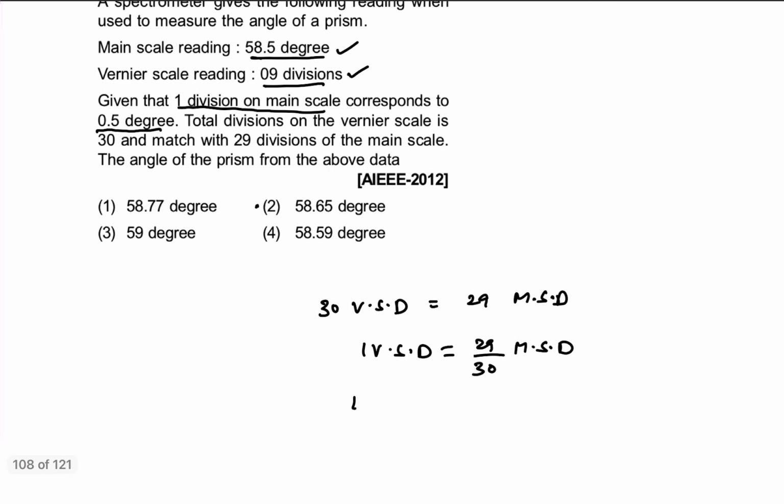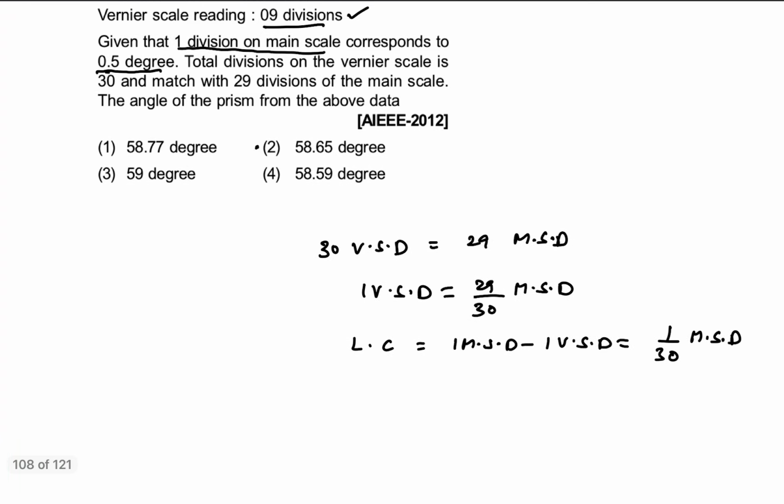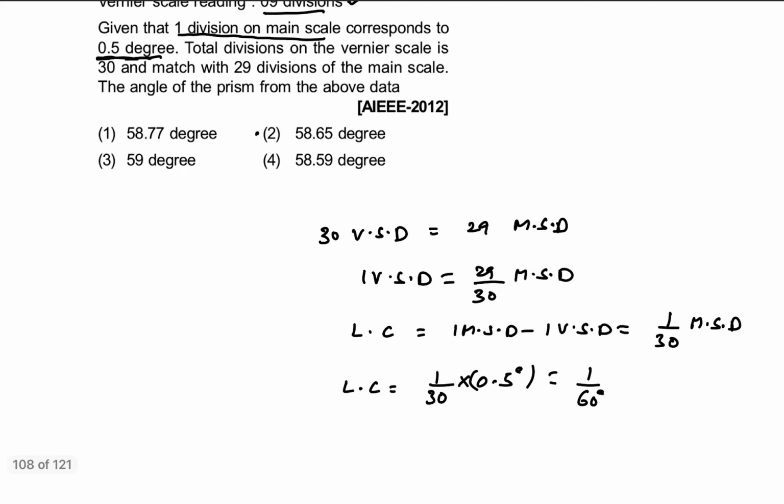It is like the earlier case only. Least count is 1 MSD minus 1 VSD. You will get 1 by 30 main scale division. But you observe that one main scale division is 0.5 degrees. I am writing least count is 1 by 30 into 0.5 degree, that is equal to 1 by 60 degrees.